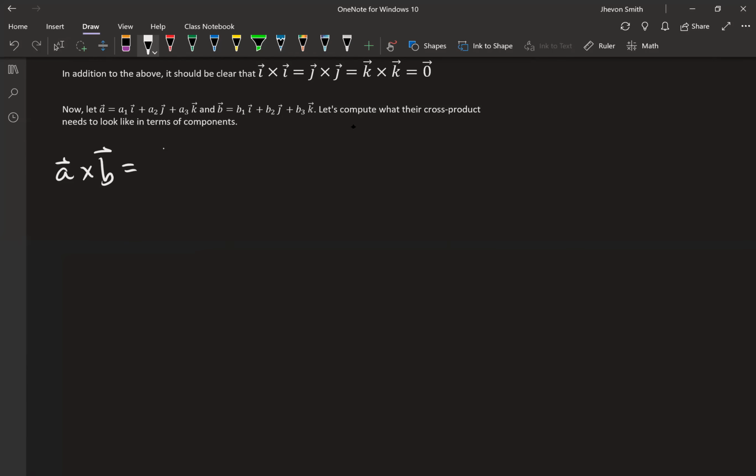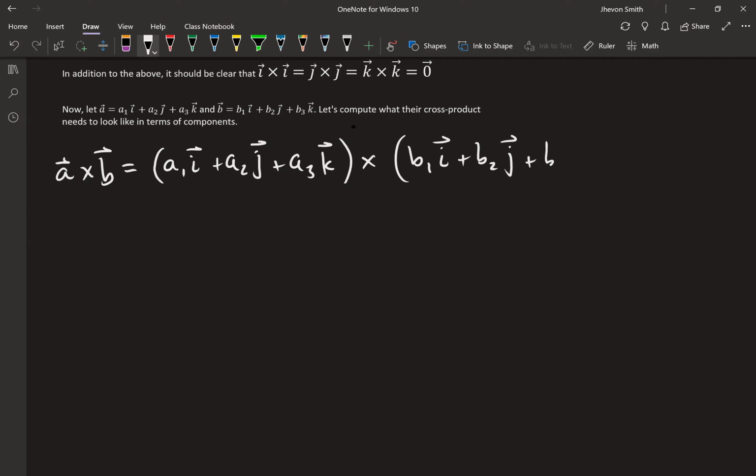This here is going to be a1 i plus a2 j plus a3 k, crossed with b1 i plus b2 j plus b3 k. We're going to figure out what formula this must have.